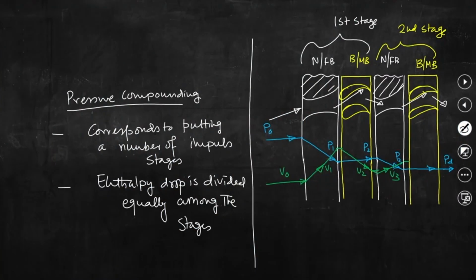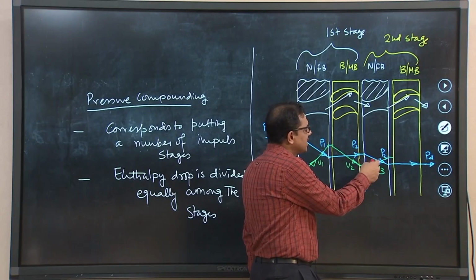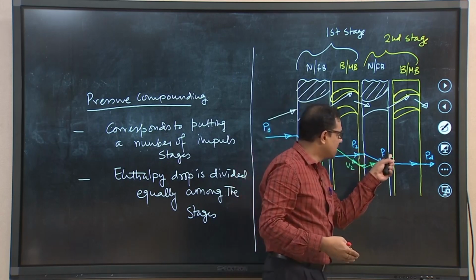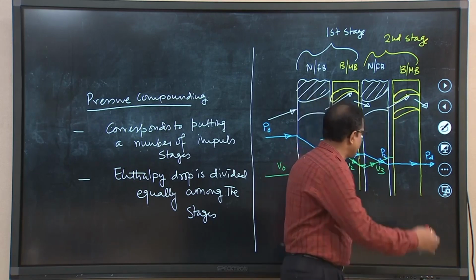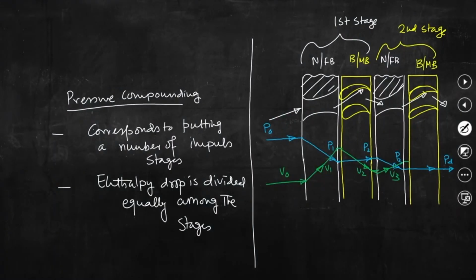Because of this pressure drop in the second row of nozzles or fixed blades, velocity increases from V2 to V3, and when that steam jet enters the second row of moving blades, kinetic energy will be absorbed by this row and velocity will drop, and finally the steam will come out from the second row of moving blades. So, this is V4.